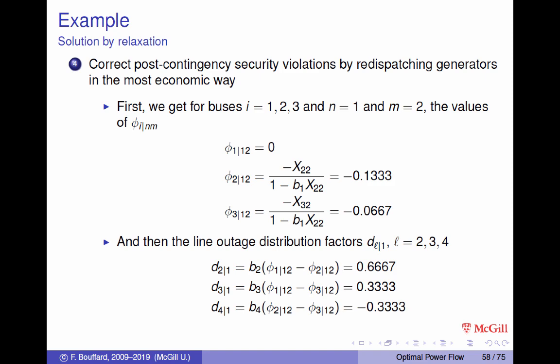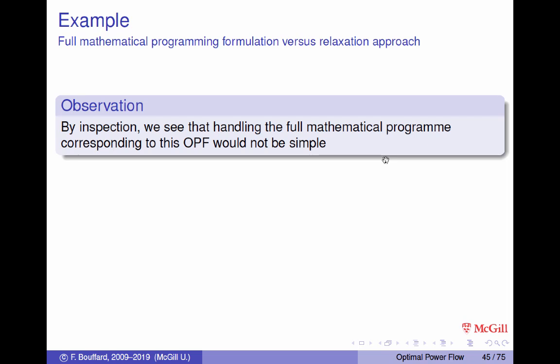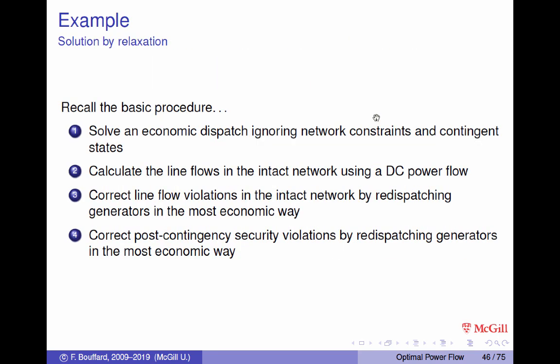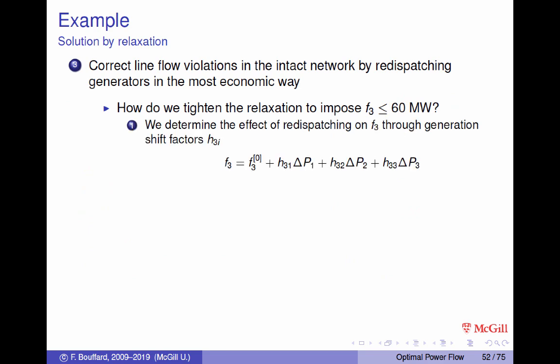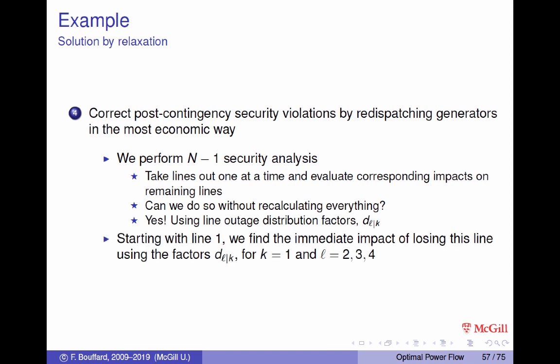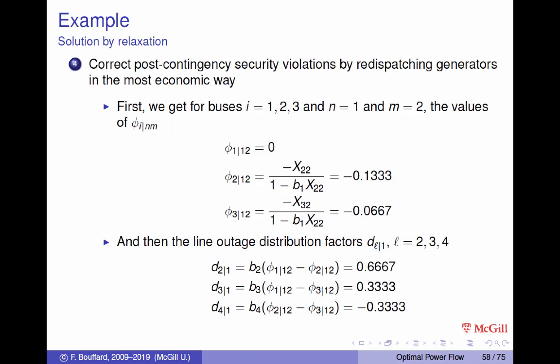So for example, if we go back to the beginning here, and we want to find what's the impact of losing line 1 on line 2, whatever was flowing here, now 2/3 of it will flow there, and so on and so forth. Whereas a third will flow on line 3 and minus a third on line 4.